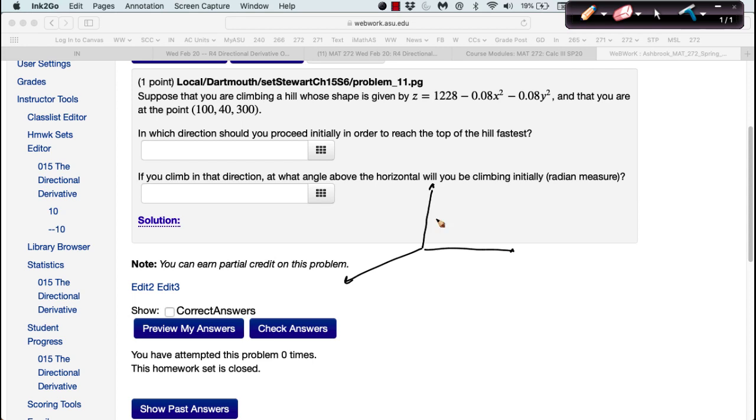And so we have some surface. And so this is z as a function of x and y. And so for any given point on the surface, how many rates of change can we talk about? So maybe this is like right here.